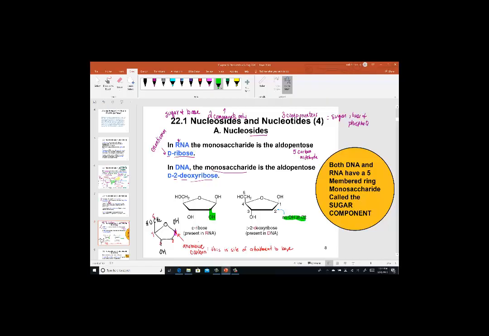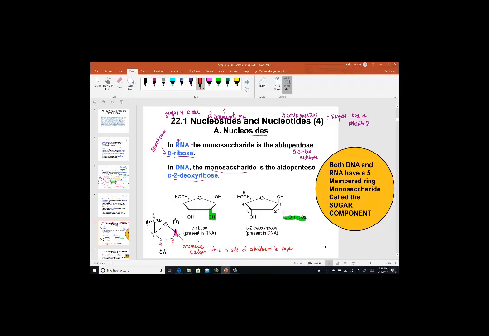Both the DNA and RNA sugars are a 5-membered ring, oxygen at the top of the house and the 5th carbon coming out. This 5-membered ring is the sugar component of our nucleoside, which contains 2 parts. The nucleoside is the sugar and a base. We can identify the sugar based on the presence or absence of the hydroxyl group at carbon number 2.